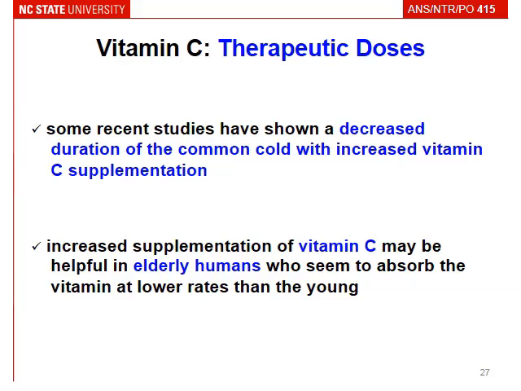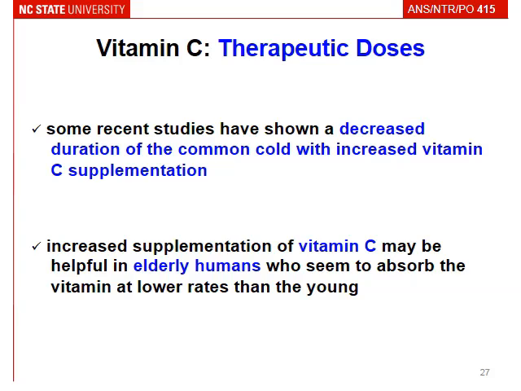Now, some people like to take vitamin C if they feel a cold coming on, and there have been some studies that have shown that you can decrease the duration of the common cold if you take supplemental vitamin C. I believe the product Airborne has higher levels of vitamin C within it, that people take in hopes of reducing the length of their cold.